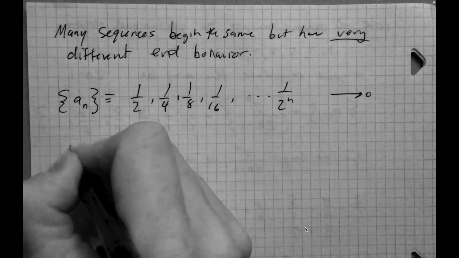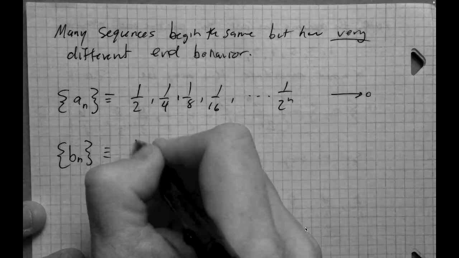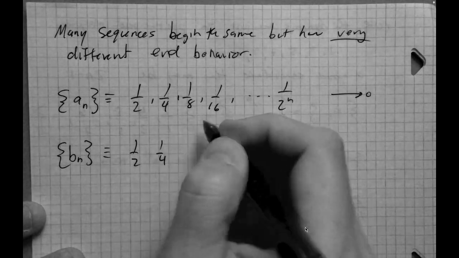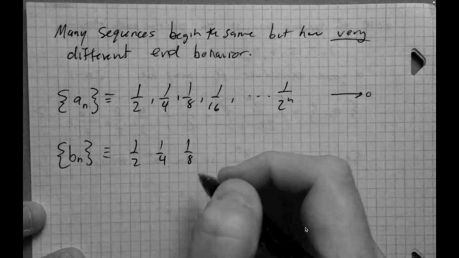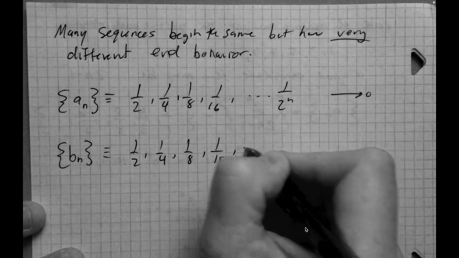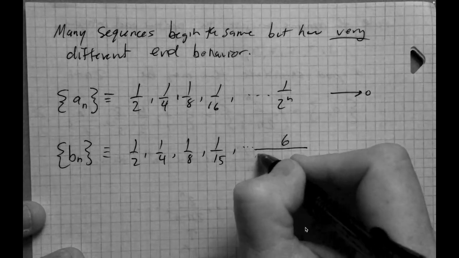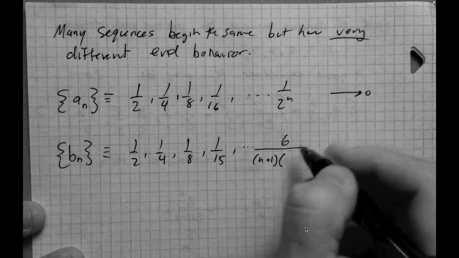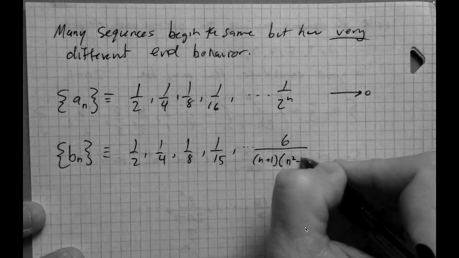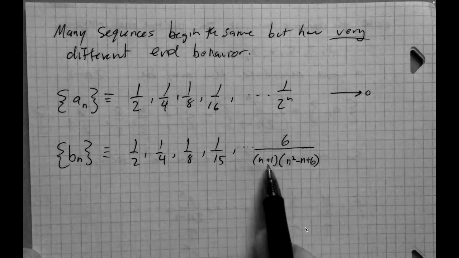So let's consider another sequence. It starts out exactly the same. So you've got 1/2, 1/4, 1/8, 1/15. And this one looks like this. This would be 6 over n plus 1 times n squared minus n plus 6. Okay, so the nth term here is very, very different.